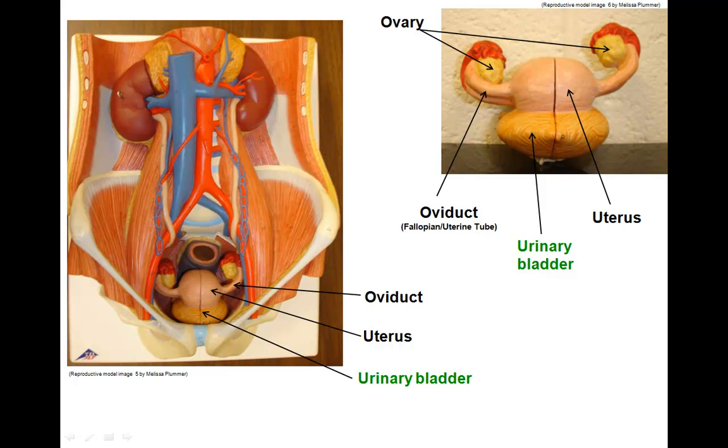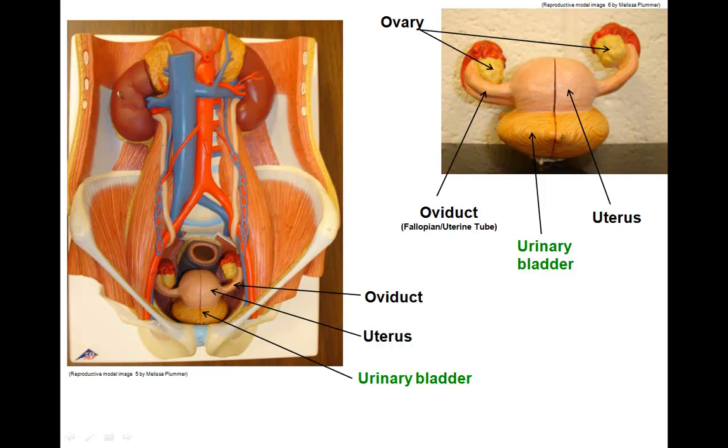Let us now begin our study with the female reproductive system's anatomy. The female gonads, the ovaries, are located in the pelvic cavity. Each ovary is the site of oogenesis, or ova production. The secondary oocyte is ovulated from the ovary and swept into the oviduct, also referred to, as you recall, the fallopian or uterine tube.